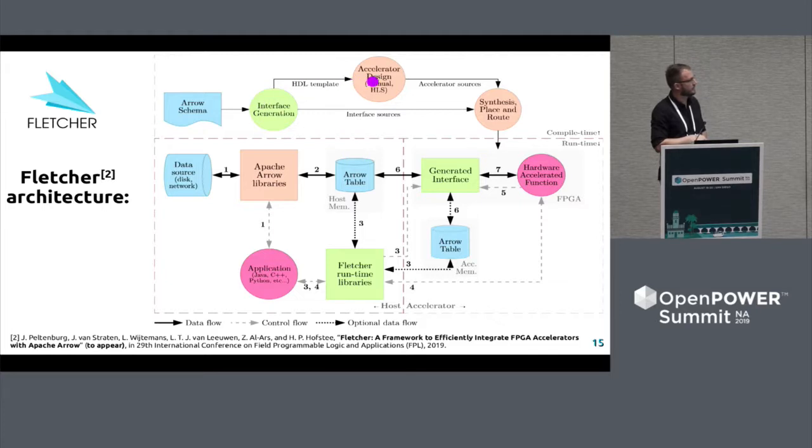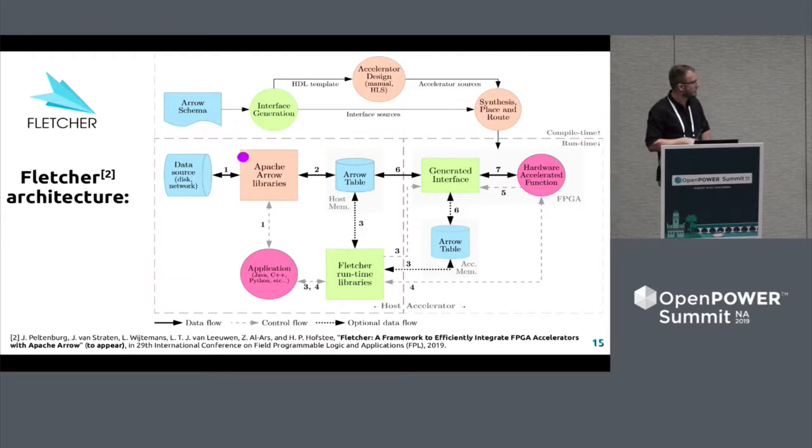So the schema is going to dictate to you, okay, what's the interface of my accelerator kernel? Then you still have to implement that. We don't do that for you. You can use whatever tools you want, whatever techniques you're used to, as long as you adhere to the interface. And then you synthesize, place, and route, of course. And then you get your FPGA design with the hardware accelerator function, or your hardware kernel.